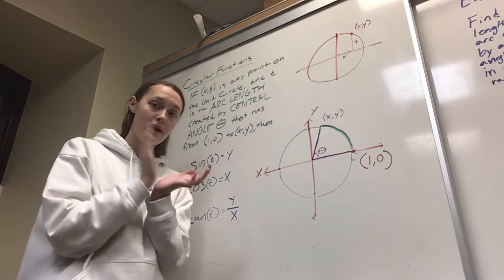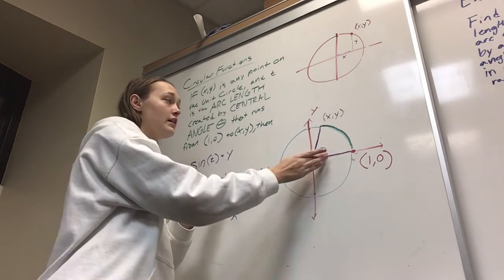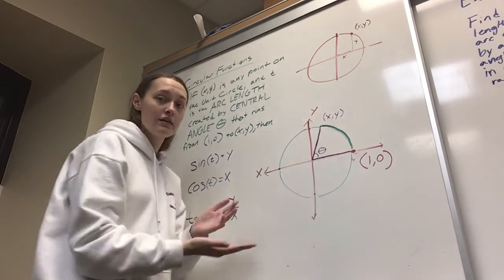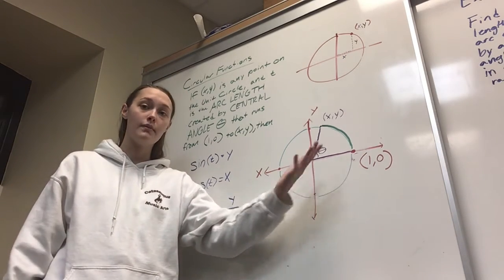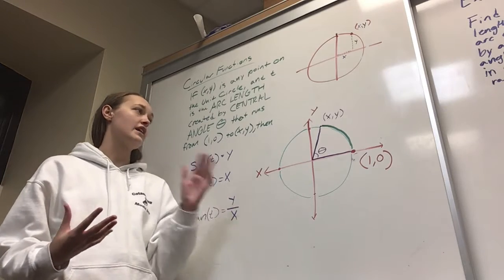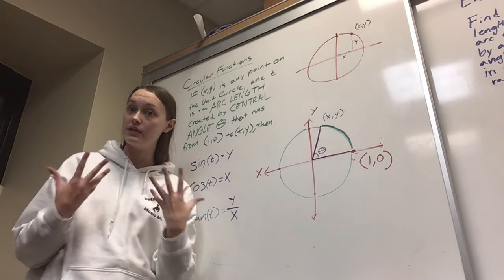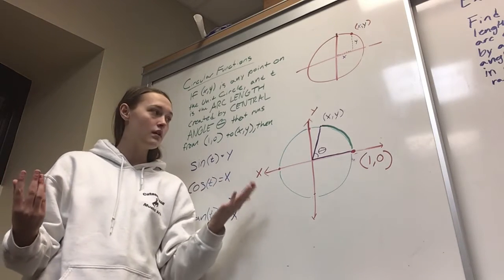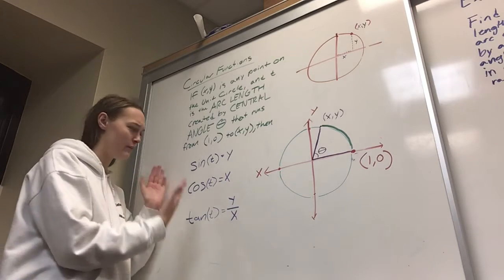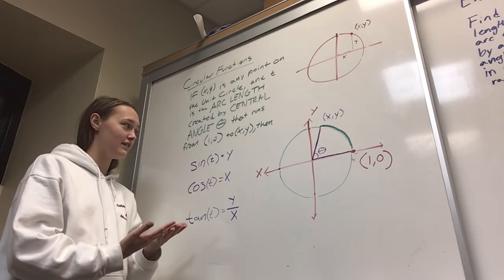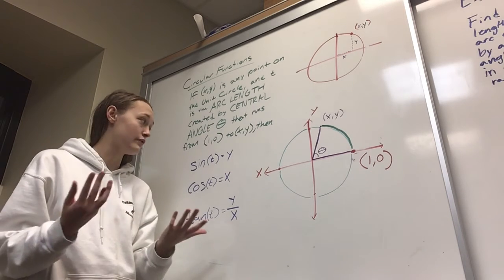It's the angle that makes that cut. So theta, right there. And then if it runs from (1, 0), which would be right here, making sure it's a unit circle, to (x, y), which would be the point on the end of the terminal side of the angle, then we can use these trigonometric functions and find more variables of what we need.